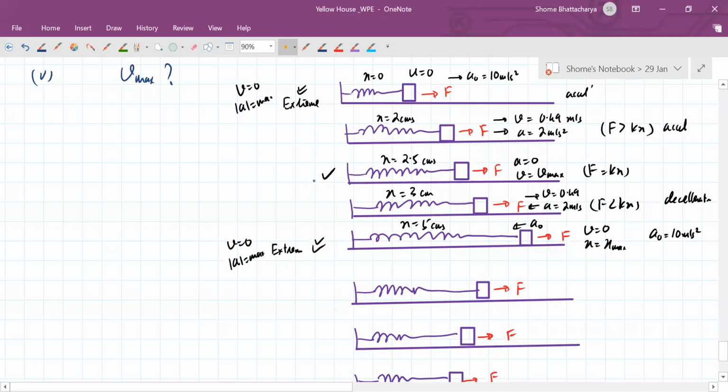Okay. Whereas this one here, this is the mean position. At this position, what is happening? v is maximum. Okay. And acceleration is 0. So what will happen after you come to this point? Now it will have a v in this direction because of this acceleration.